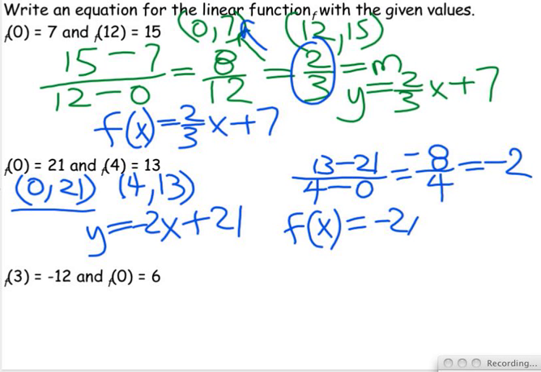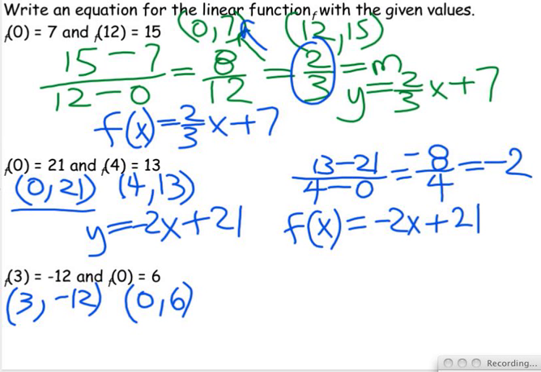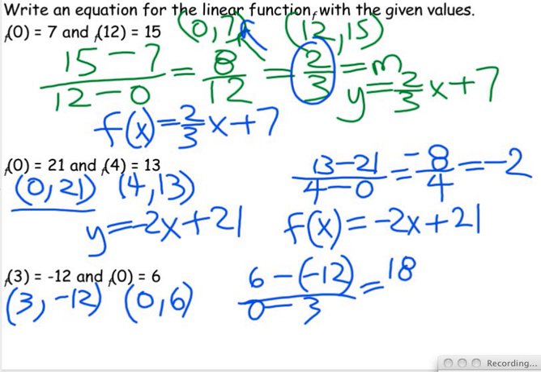Last problem down here. Same sort of idea here. (3, -12) and (0, 6). Okay, 6 minus negative 12 over 0 minus 3. That's going to give us 6 minus negative 12, that's 18, over negative 3.